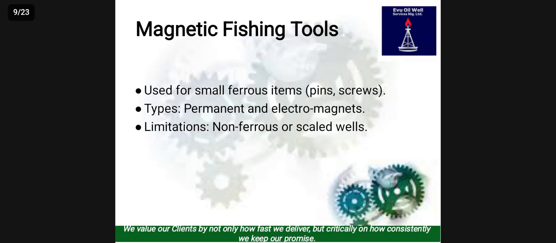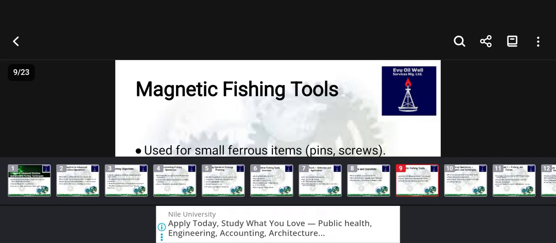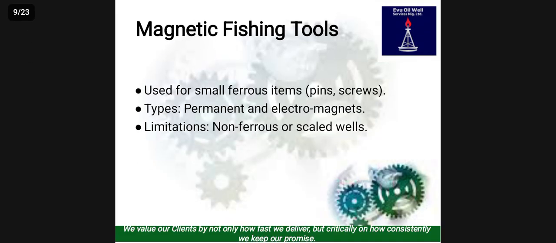Magnetic fishing tools are used for tiny ferrous items, screws, pins, and broken bits. When they say ferrous, what do we mean? Anything that has an element of iron in it, in metallurgy, those are ferrous materials. And the magnets are very happy to get such fish out of the hole. The permanent magnet is the old school type, but very reliable.